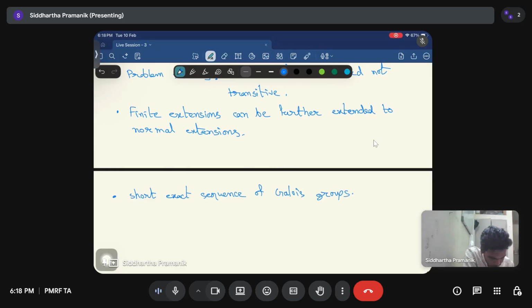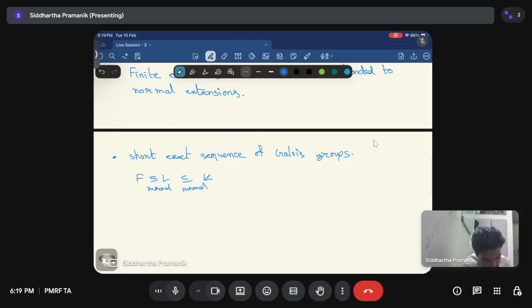So it is basically when you have a field tower of extension K over L over F, and in which all, sorry, these two extensions are normal. Then what is the relation between the Galois groups? And we have seen that there is a short exact sequence.